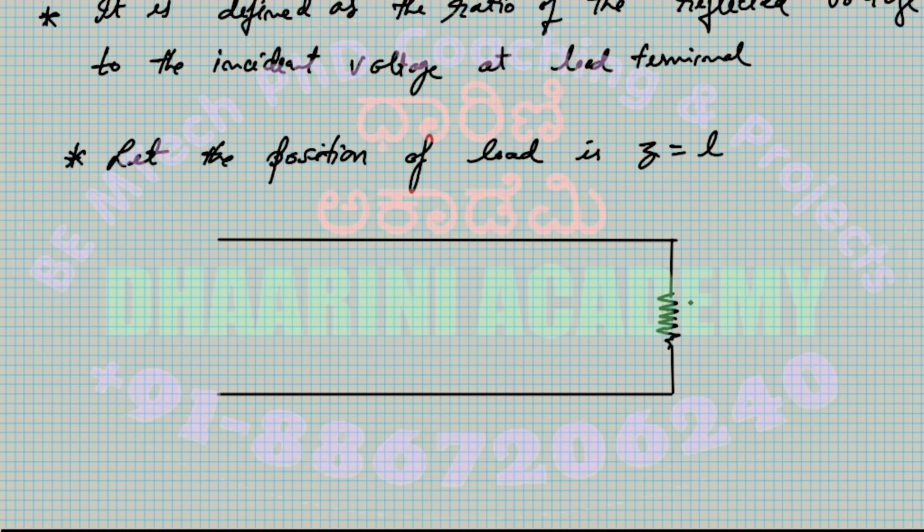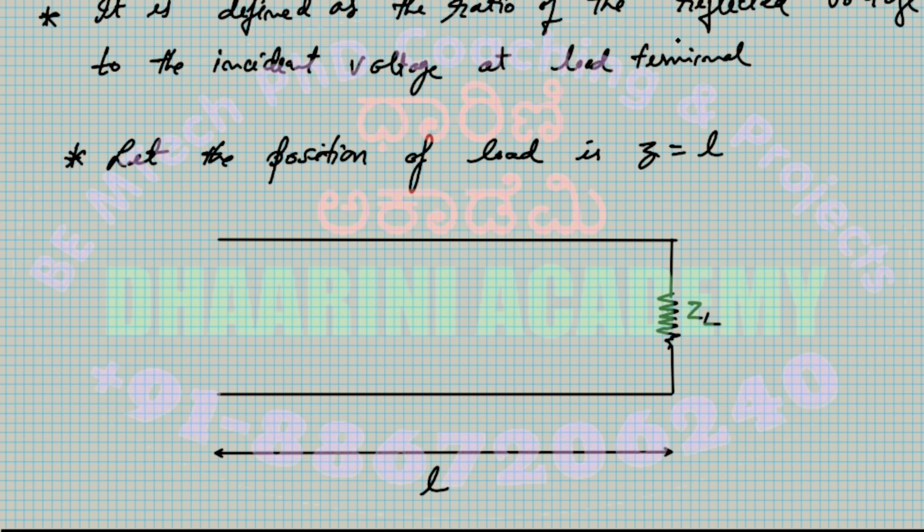So this is the ZL, and from the starting point of the transmission line, this is located at a distance of L. That's what Z is equal to L.